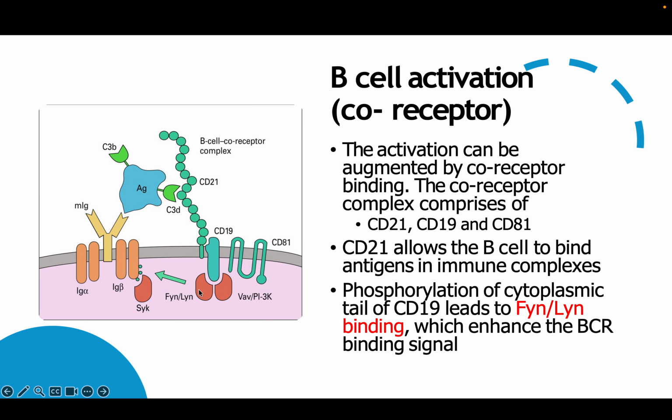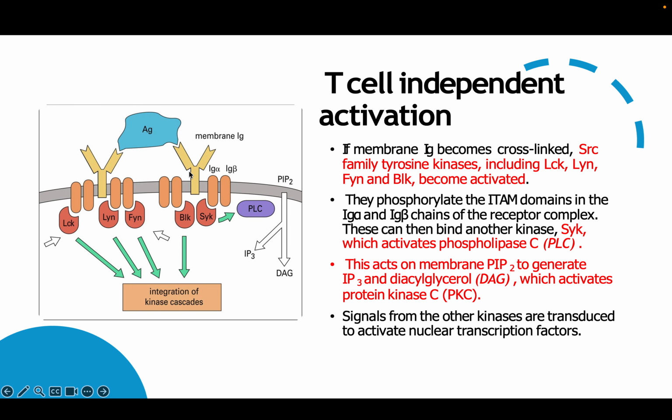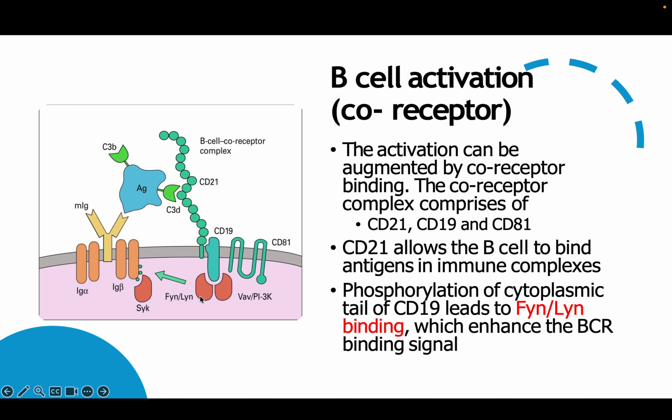And of course, this can be done just through your B cells, but this can also further occur with your B cell activation co-receptors. So you have your B cell receptor being activated, but you can also have this co-receptor complex, which is made of CD21, CD19, and CD81.